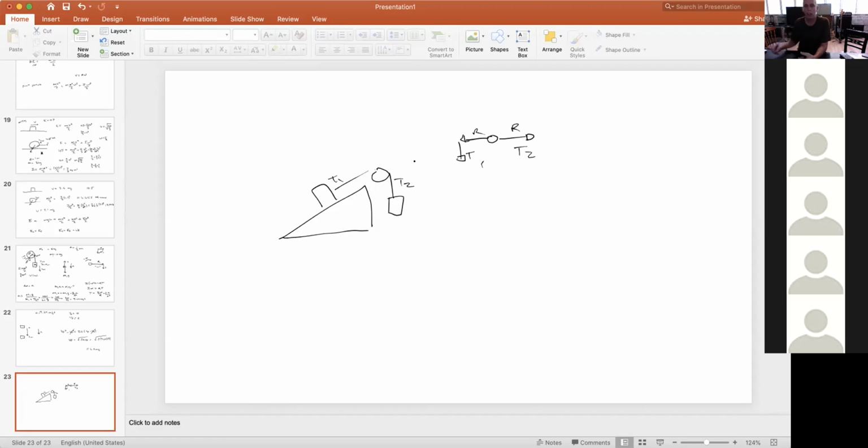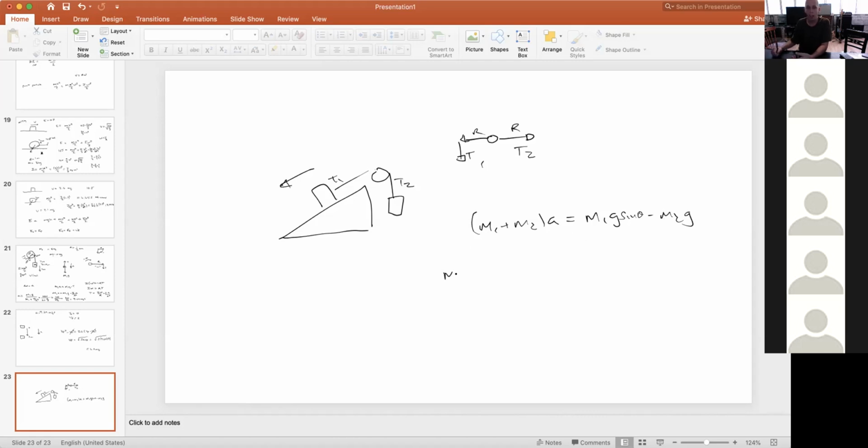And what your equations used to look like, remember they look like M1 plus M2 times a is equal to M1 g sine theta minus maybe M2 g for this, if there was no friction and this thing was sliding that way. If the pulley didn't exist, that's what this would look like.